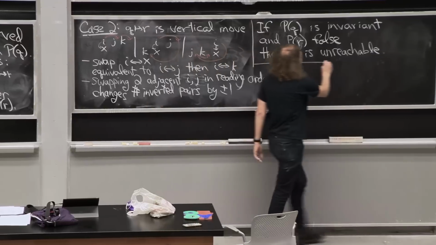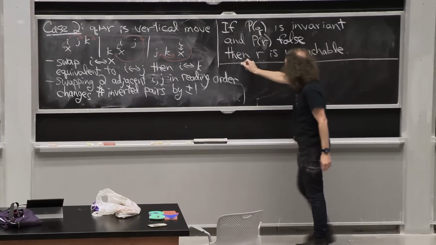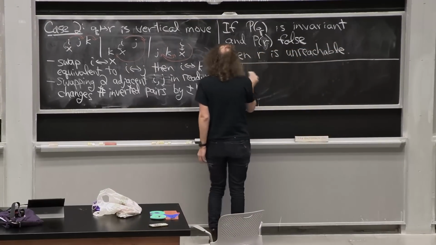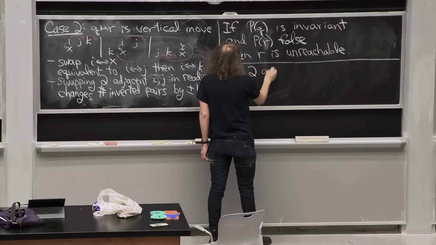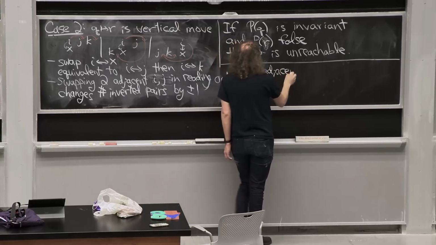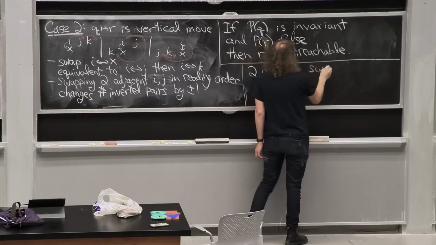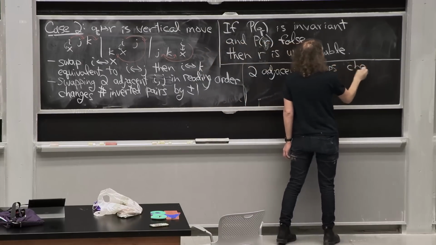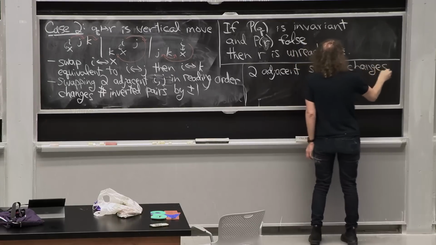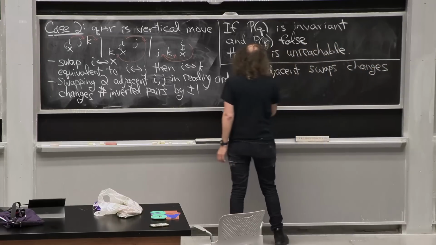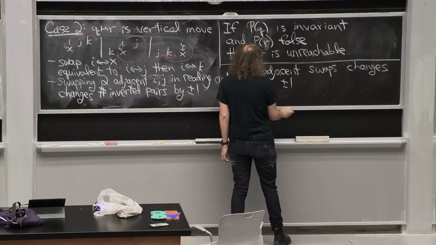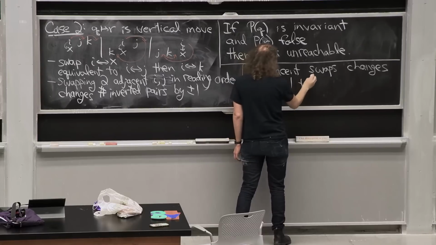So let's continue over here. If we do two adjacent swaps, this will change the number of inverted pairs by plus or minus 1 plus or minus 1.